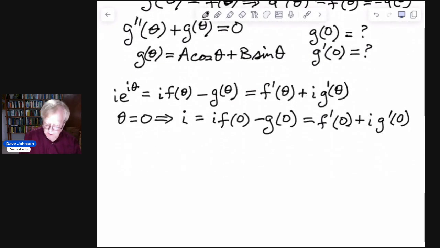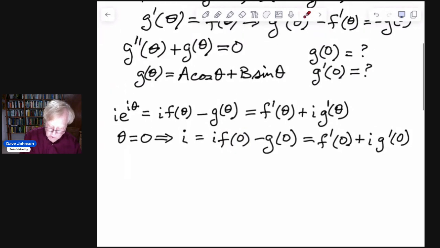And why are we doing this? Well, because now we can look at this equation and say, well, f of 0 has to be 1. And actually, we don't need the f and f prime of 0. We're solving this differential equation. So we just need the g's.